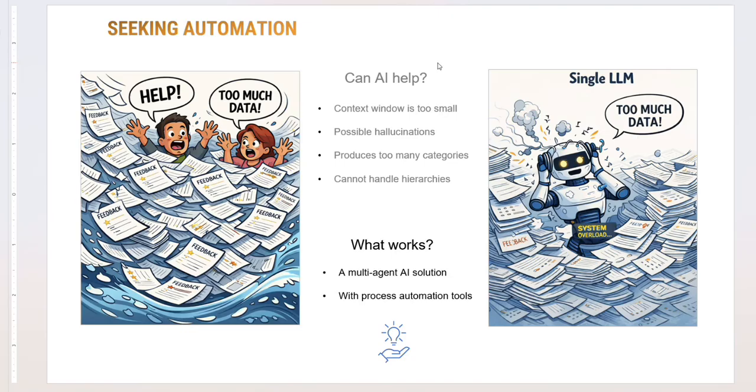Their objective is to provide you with some sort of the answer, and they do not announce when they're going to hallucinate. Another problem that you encounter is that the system produces too many categories.